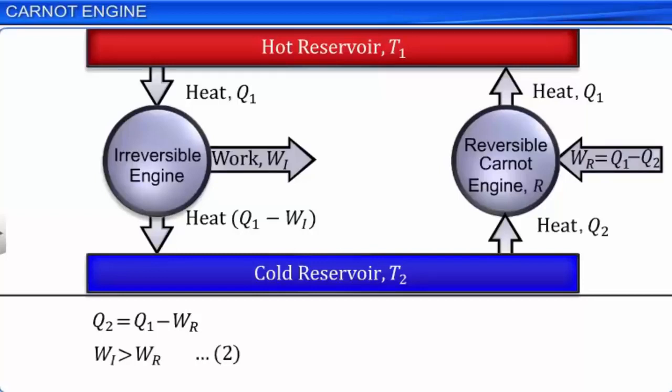But Q1 minus Wi is the heat returned to the cold reservoir by the engine I, and Q1 minus Wr is the heat received by the refrigerator. Substituting the value of Q2 in this expression, we get Q1 minus Wi is less than Q2.